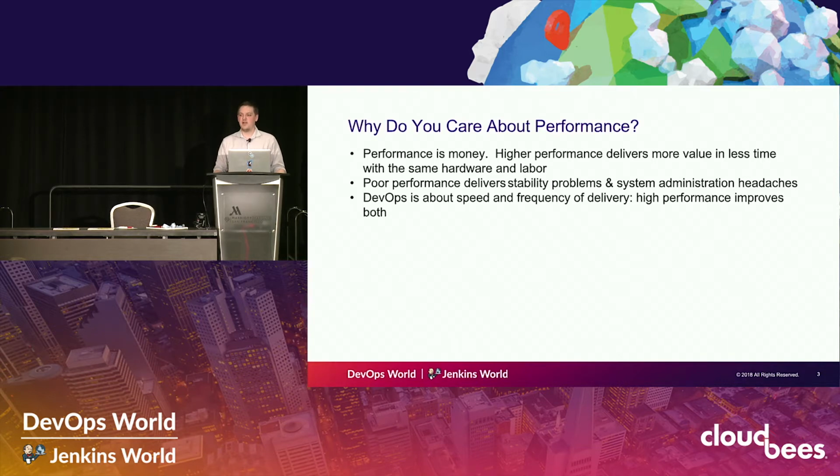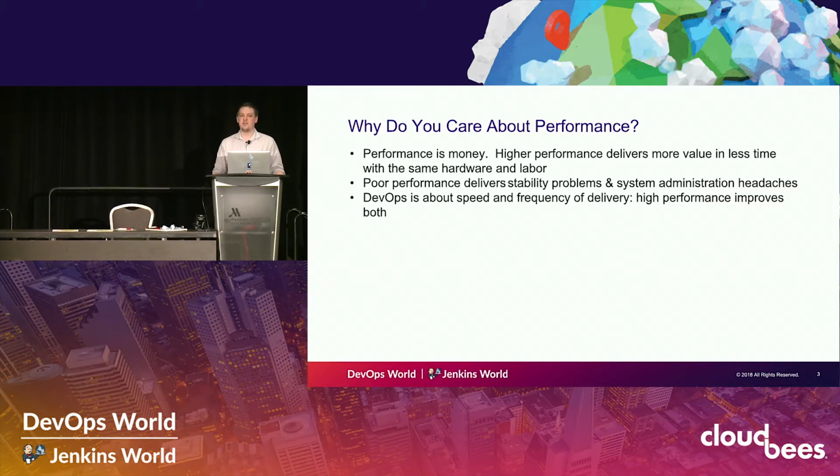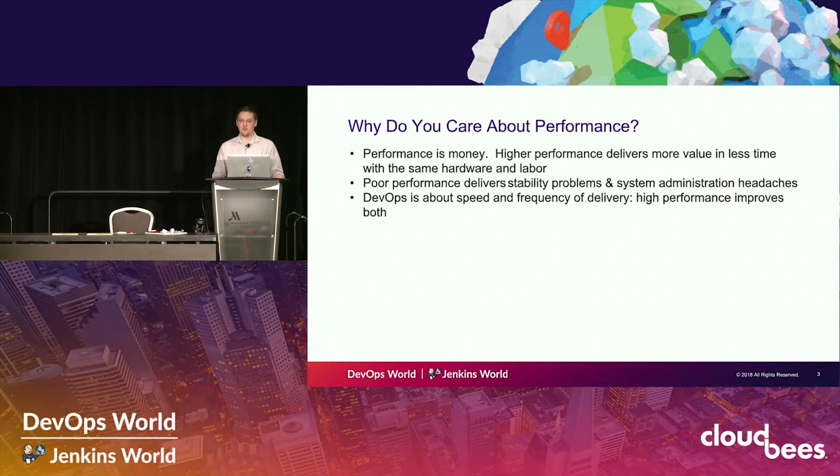In the last week, I had the dubious pleasure of working with one particular very large Fortune 500 company that was having very serious stability problems as a result of a performance issue in their masters, specifically tied to GC. I'm actually going to show you some examples from that since the GC logs are fairly anonymized.